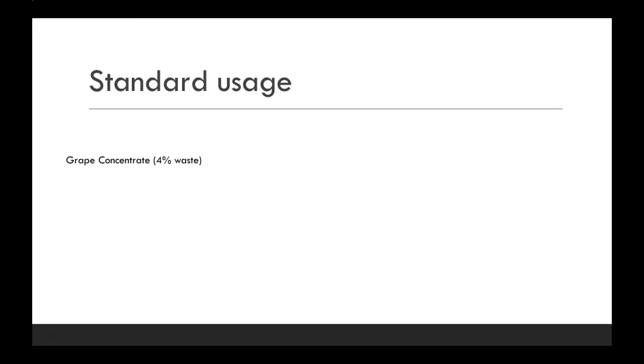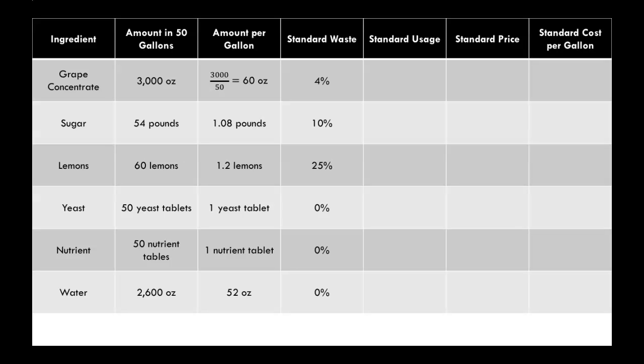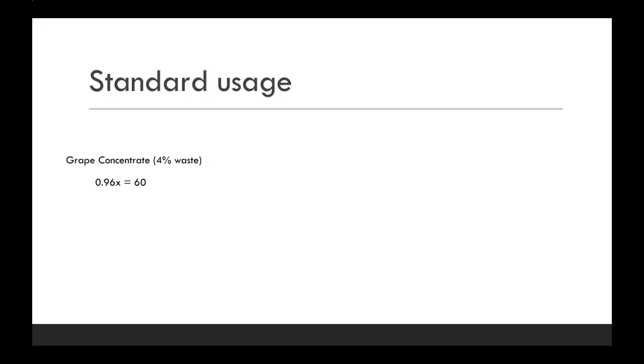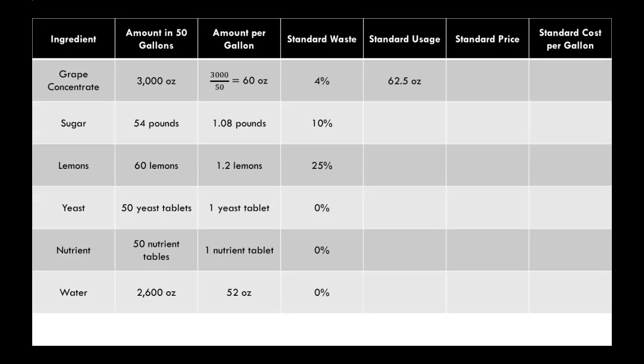The 60, we can see that that's our amount per gallon. So if we take 0.96x equals 60, in order to find x, we need to divide each side by 0.96, and that will give us the 62.5 ounces. So that's our standard usage for grape concentrate.